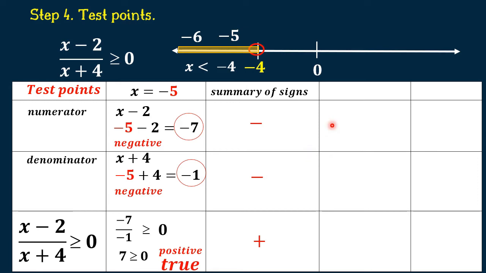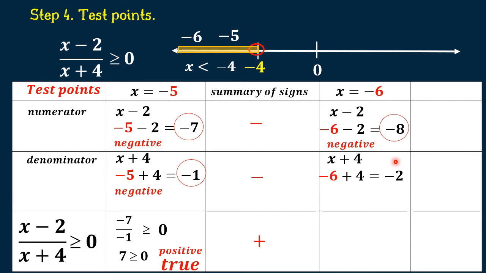So we will try another one para sigurado tayo. So we will try negative 6. Still, it is on the left side, still on the values of x which is less than negative 4. So plug in to your numerator. That will give you negative 8. The result is negative.